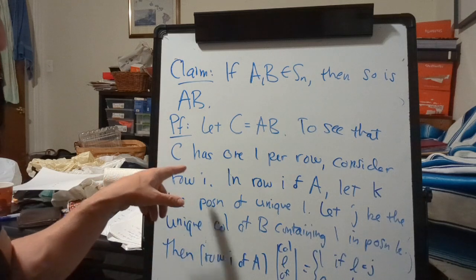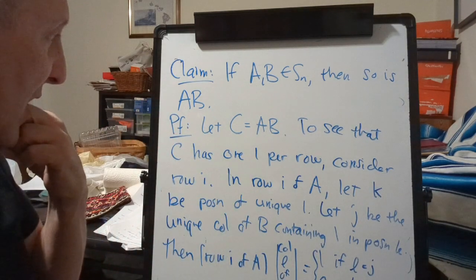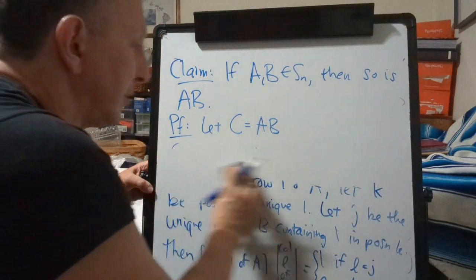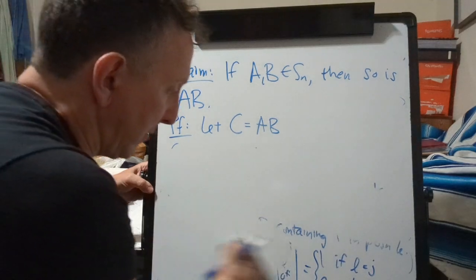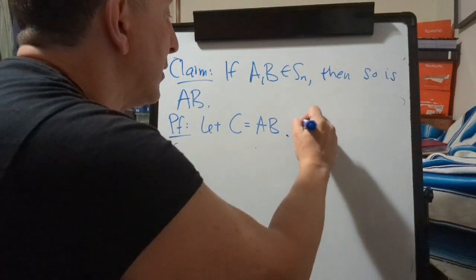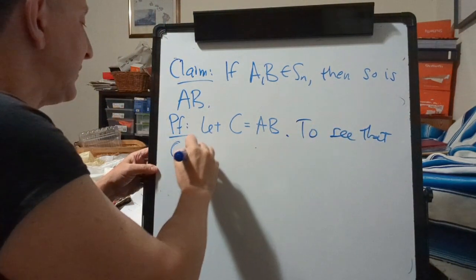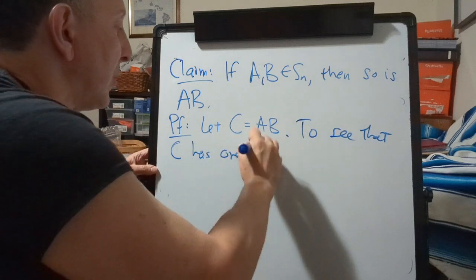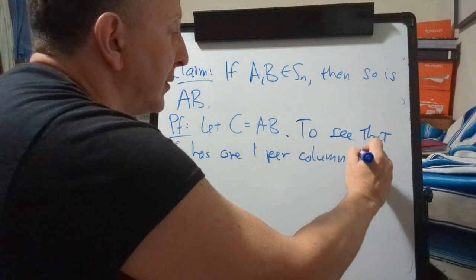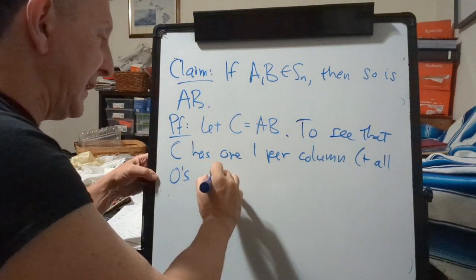Now we have to show that C has one 1 per column and all zeros in the other positions.